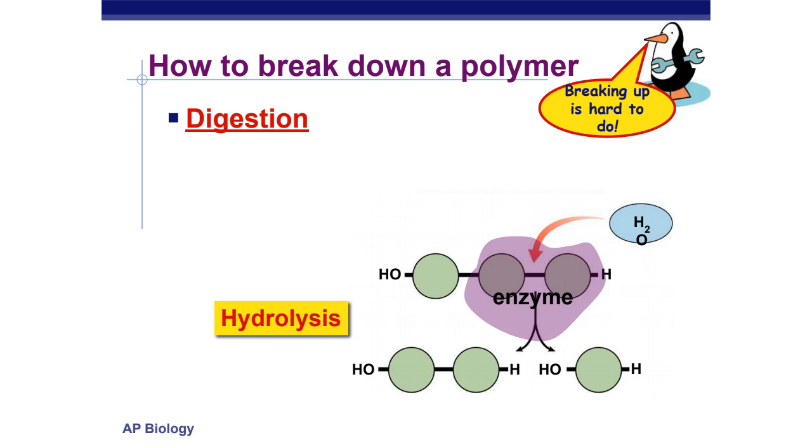Our next example here, hydrolysis, is a digestion, an example of a catabolic reaction, which would be a breaking down type of reaction. So hydro is water. Lysis is to break apart or to break down. In this case, I'm doing the opposite.